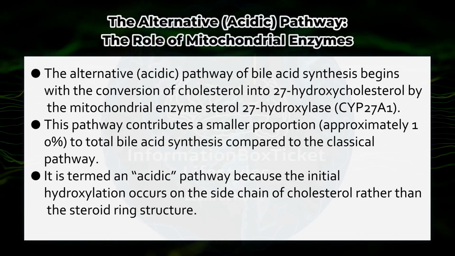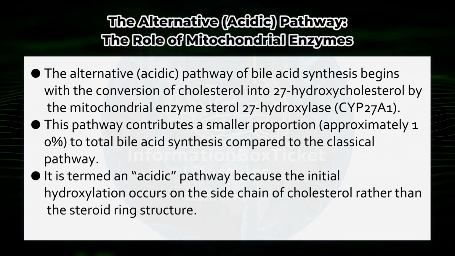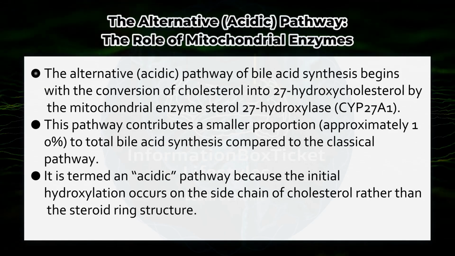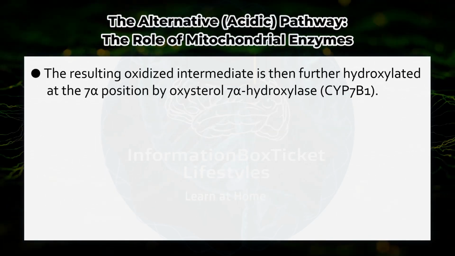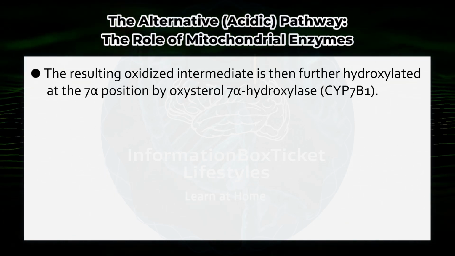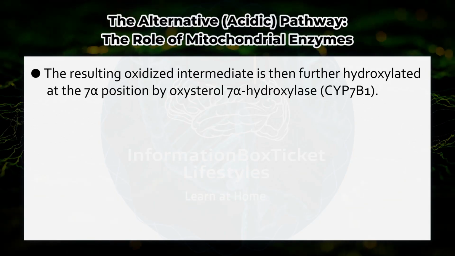It is termed an acidic pathway because the initial hydroxylation occurs on the side chain of cholesterol rather than the steroid ring structure. The resulting oxidized intermediate is then further hydroxylated at the 7-alpha position by oxysterol 7-alpha hydroxylase, CYP7B1.